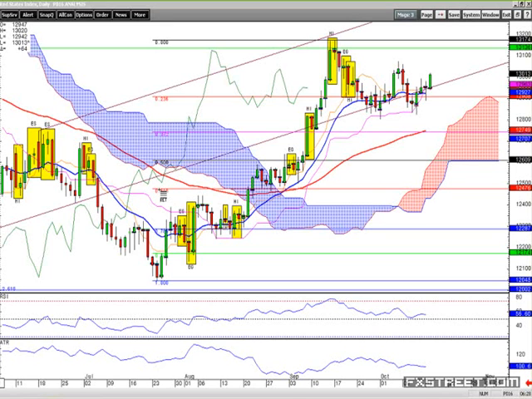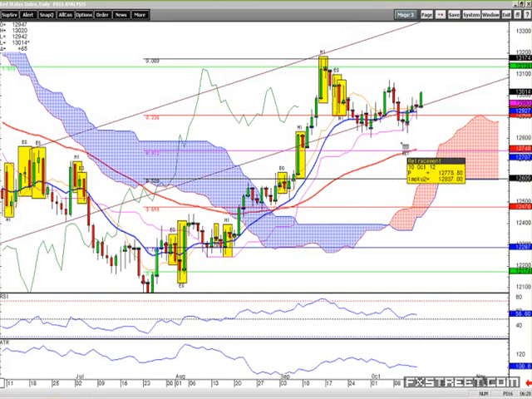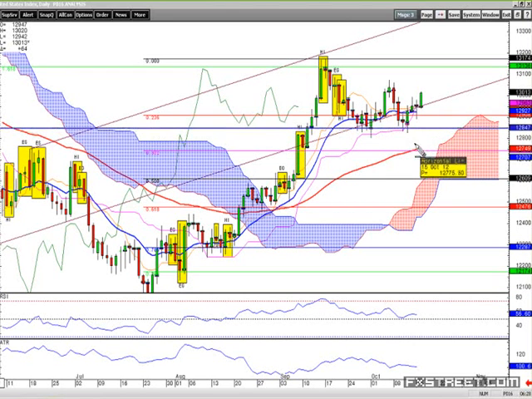I'm still not convinced that this rally is going to continue from here. But what we do have, and you can't ignore it, is a base coming in here. We've got an engulfing candle on the 11th, which was last Thursday, and the market has been buying dips.